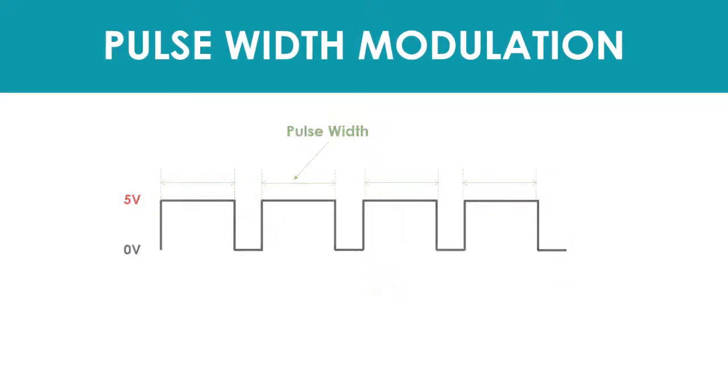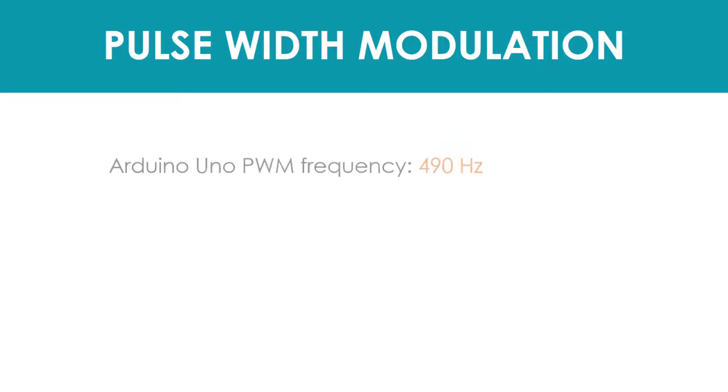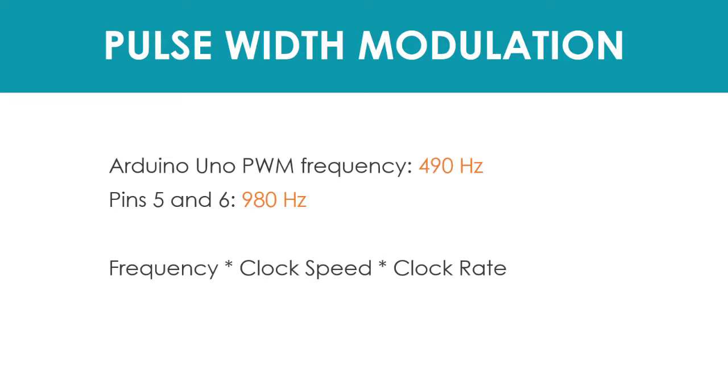The Arduino Uno has a PWM frequency of 490 Hz, except for pins 5 and 6, which have 980 Hz. So what does it mean? A time period is a duration that is the inverse of the PWM frequency. The term frequency is synonymous to clock speed, clock rate, or the number of clock cycles per second.